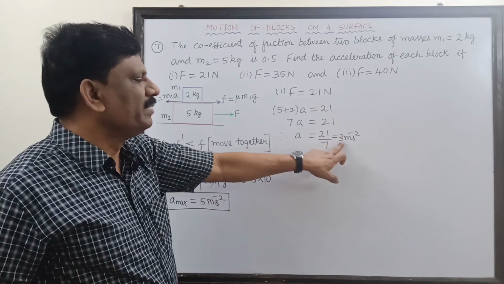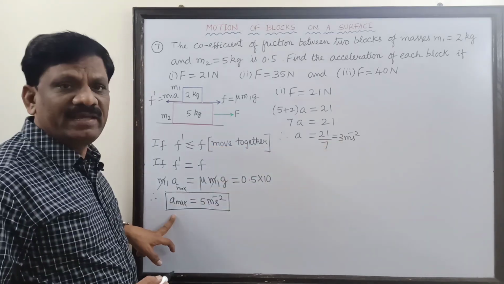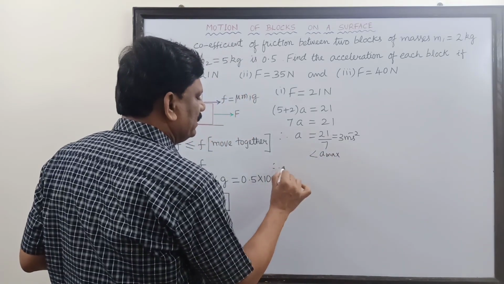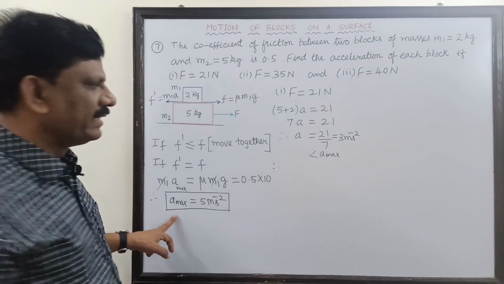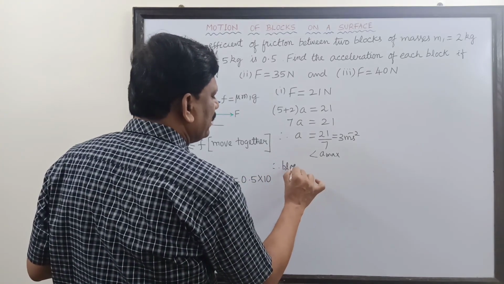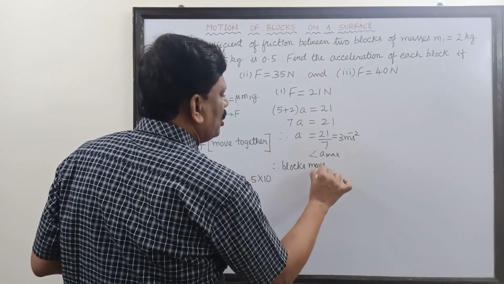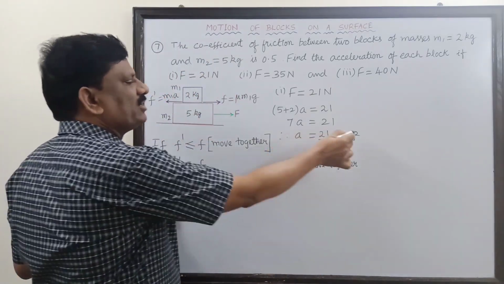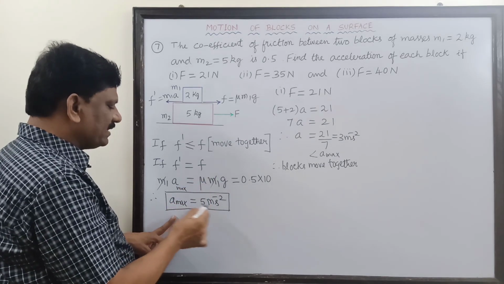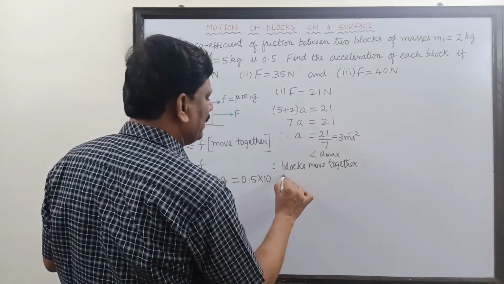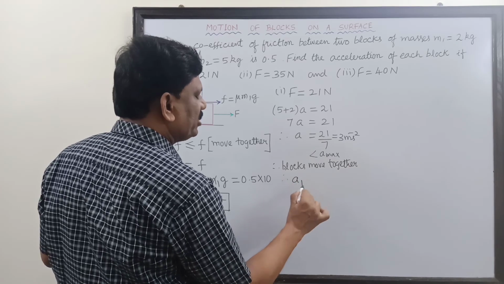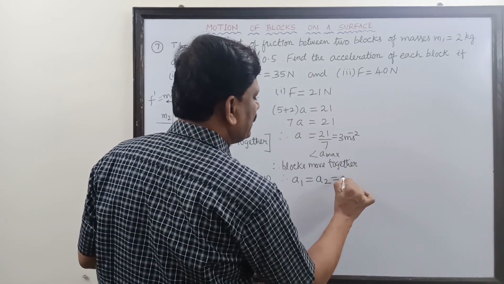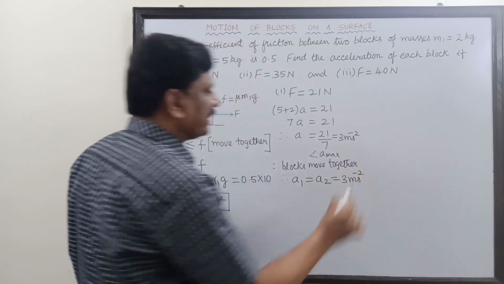Since this 3 meter per second square is less than A maximum, the blocks will move together, because the acceleration of the system of two masses is less than 5 meter per second square. Therefore, in this case, the acceleration of the first block is equal to the acceleration of the second block, that is equal to 3 meter per second square.